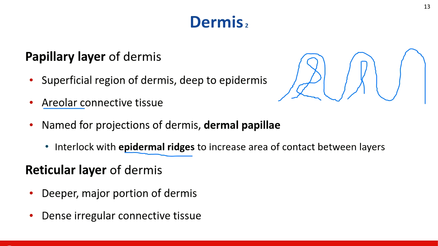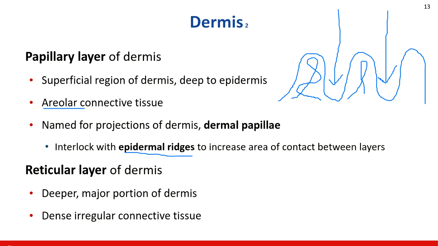The epidermal ridges are these invaginations of epidermis down into the dermis. And when these epidermal ridges and dermal papillae interlock, they create what we call friction ridges, but you've seen it on TV known as fingerprints. So when you look at your fingertips and you can see those ridges, those are created from the dermal papillae and how they interlock with the epidermal ridges. And they create your fingerprints.